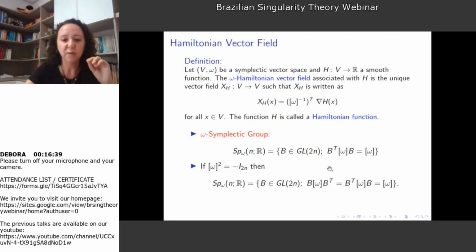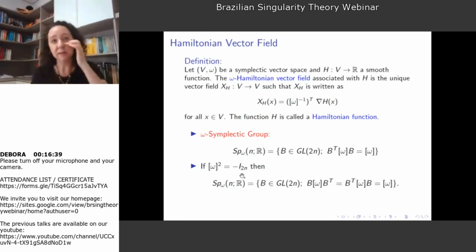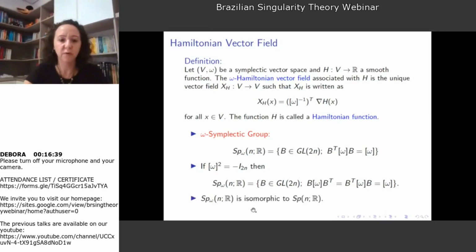If the general matrix omega satisfies that omega squared is minus identity, we have the definition of this symplectic group exactly as we define the canonical symplectic group Sp(n, R), which is defined this way with the matrix J. So when our matrix satisfies this property, we recover all properties that we have for the canonical symplectic group. And of course, we prove that this group is isomorphic to the canonical definition of the symplectic group.